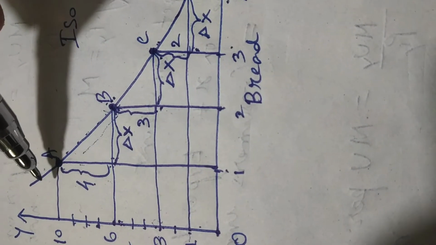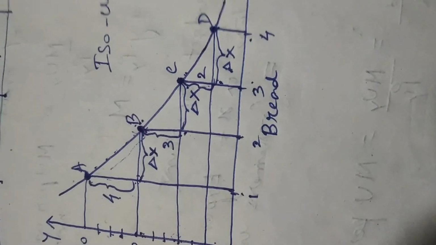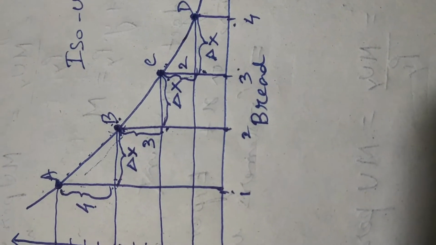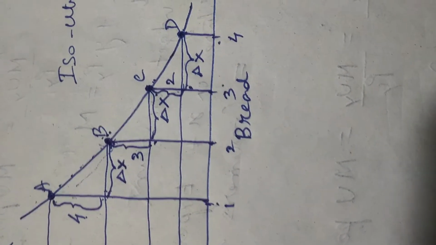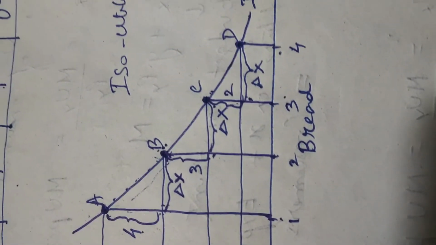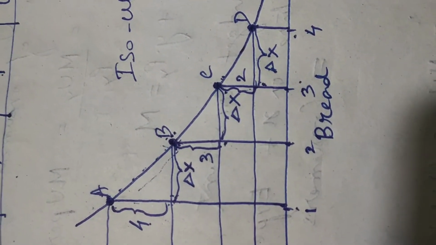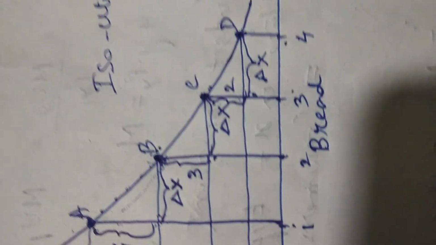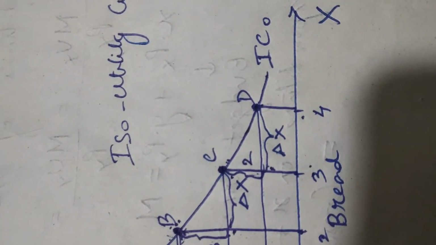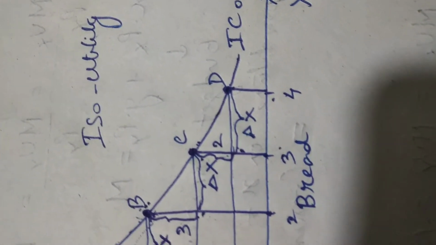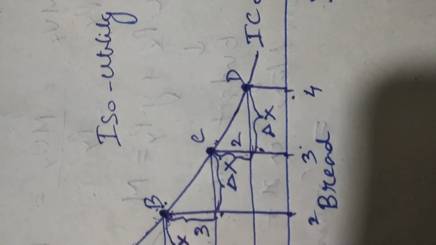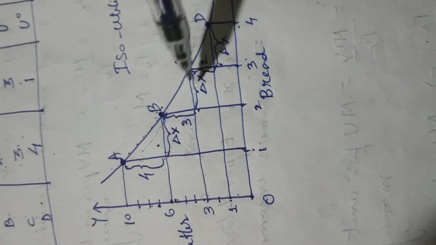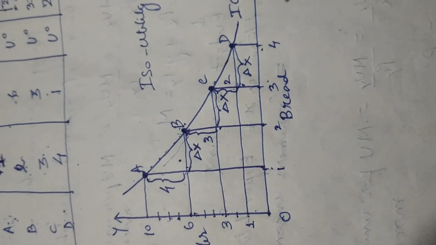In other words, the indifference curve is negatively sloped because the consumer has to reduce the consumption of Y in order to increase the consumption of X. So, the first property of the indifference curve is that it is negatively sloped, which indicates that a consumer, in order to increase the consumption of X, has to reduce the consumption of Y, and that is why the indifference curve is negatively sloped.